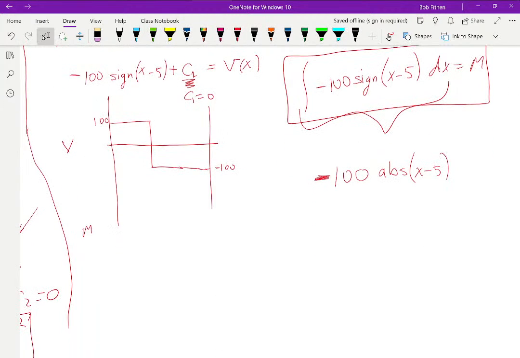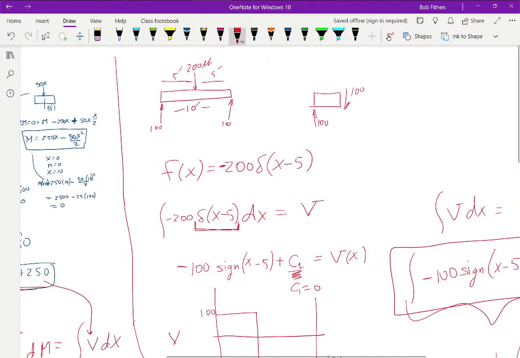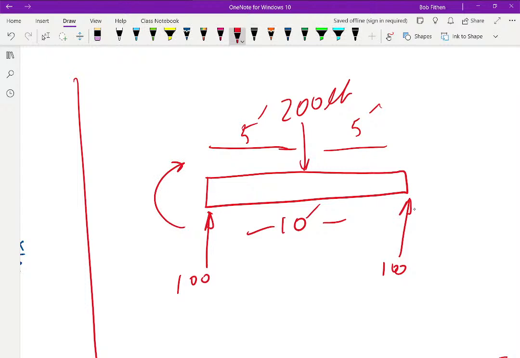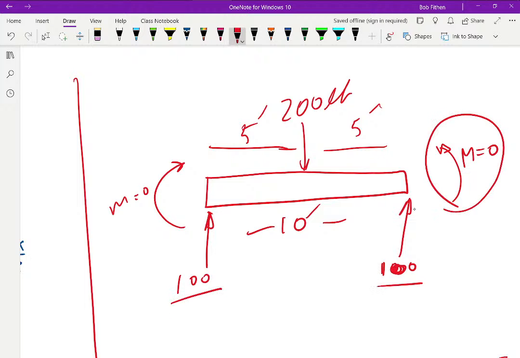Now, what this did, this created a plot which looked like so. It was minus 500 and 500. However, this beam has no applied moment on the left end, moment equals 0, and there is no moment on the right end. Now you have to remember, there is a shear on both ends, but there is no moment.